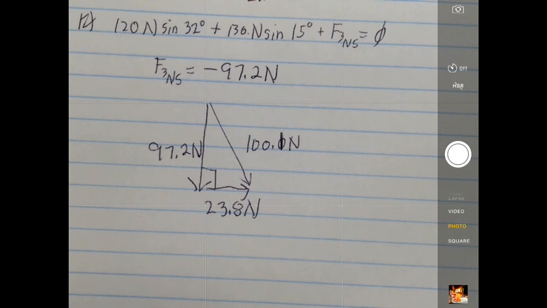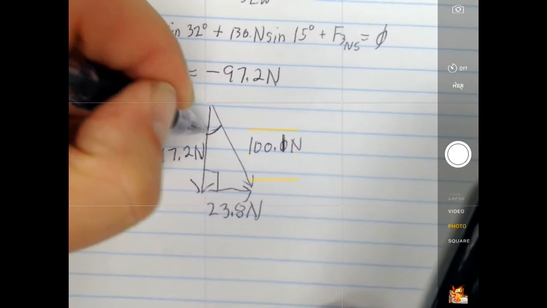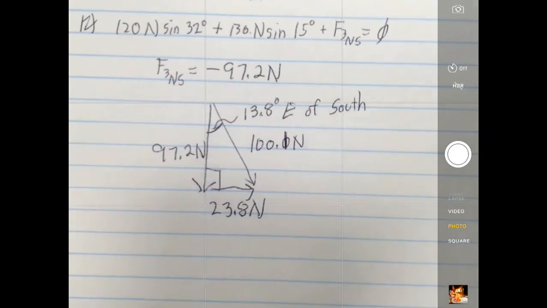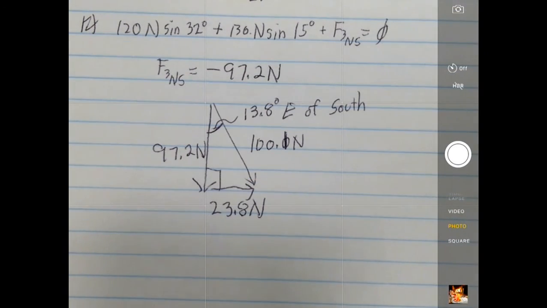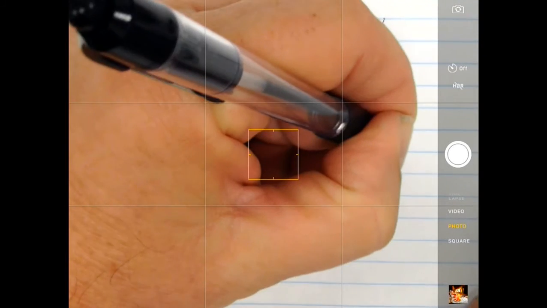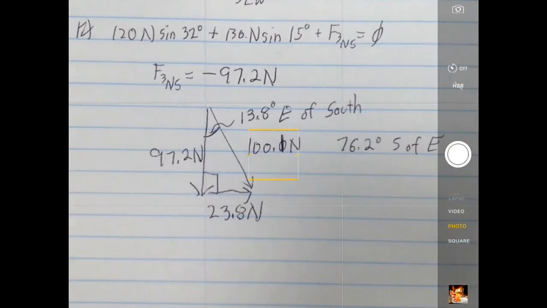Now, the angle would also be required. If I take the inverse tangent of 23.8 over 97.2, I have this angle here is 13.8 degrees east of south. You could also take the complement and call that 76.2 degrees south of east.